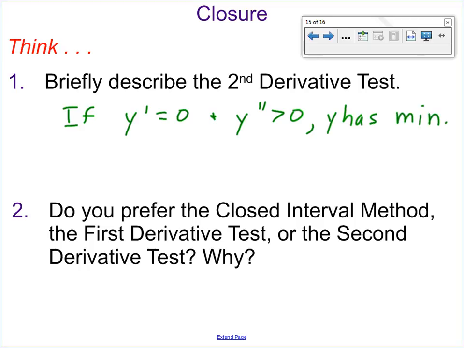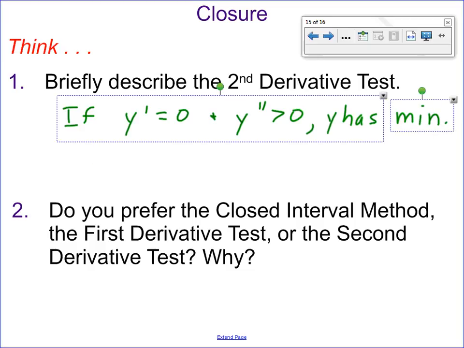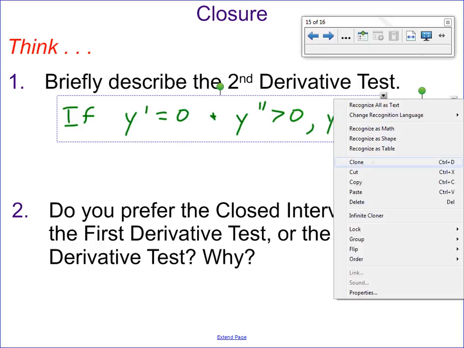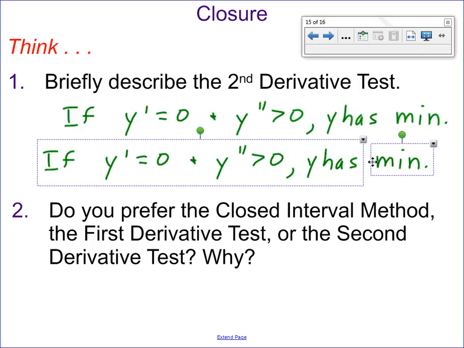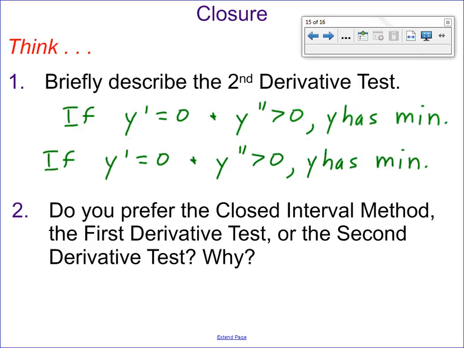Awesome. And the other one is if y prime equals 0 and y double prime is negative, that is less than 0, then y has a maximum.